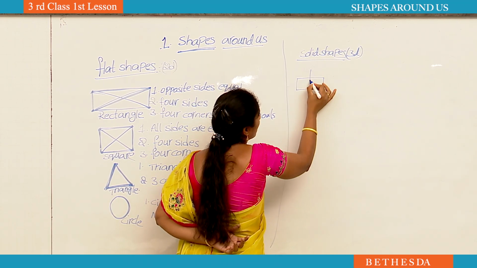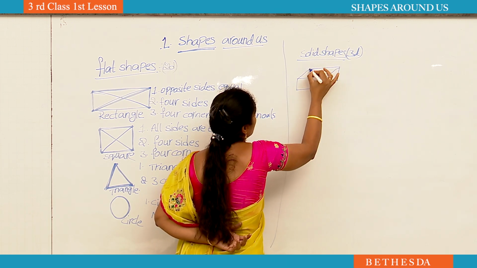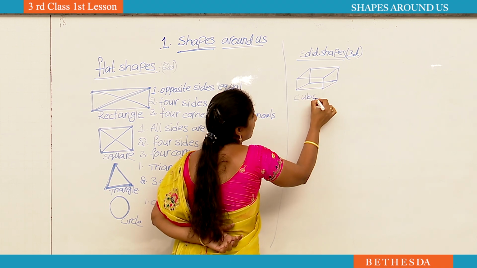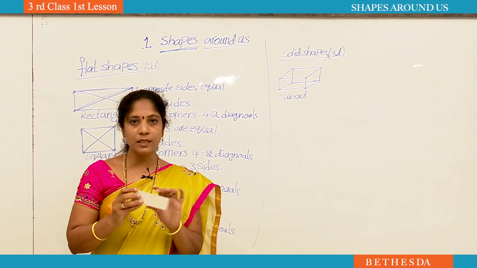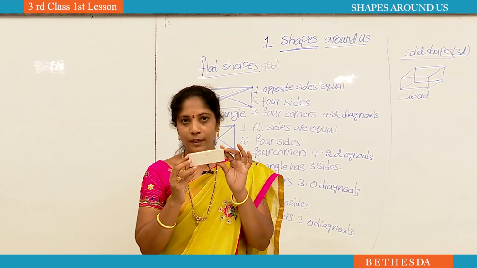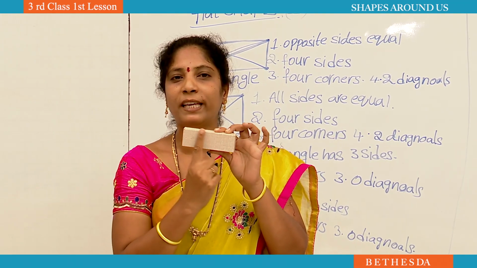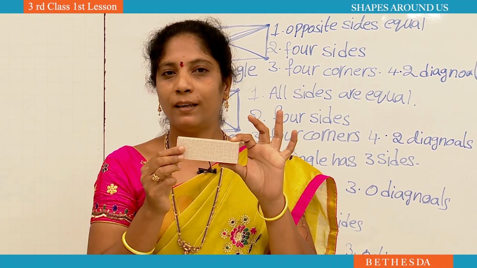See here. This is the cuboid. It has 3 dimensions. I will show the cuboid. It looks like a rectangle. Why? Because this face, what we can see, is called a face. This face looks like a rectangle.